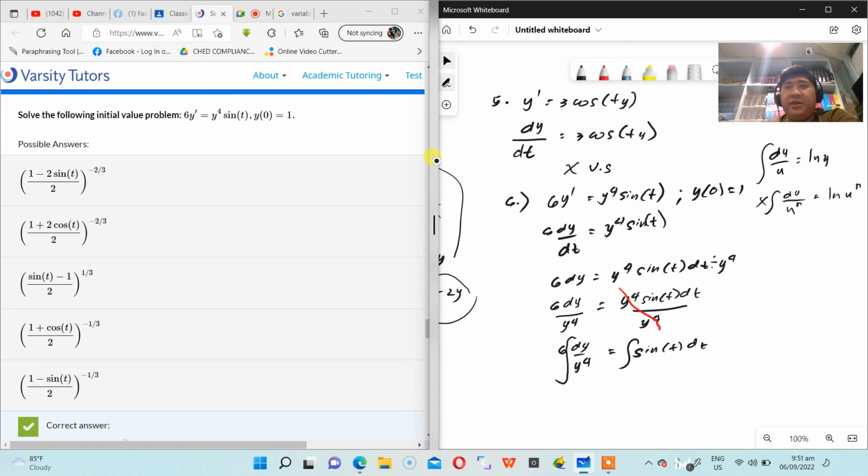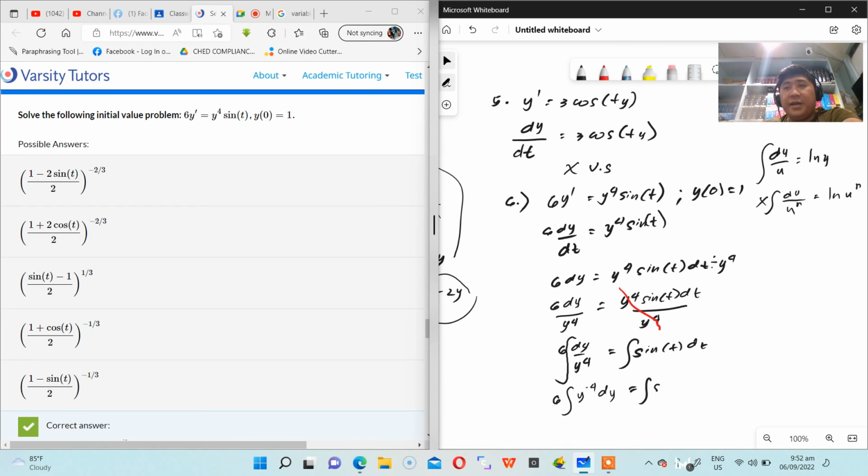So, let's check. Here, you could transform this one as y raised to the power of negative 4 dy, because there's no identity stating the other.